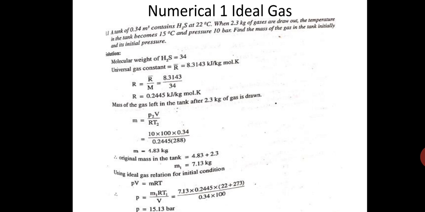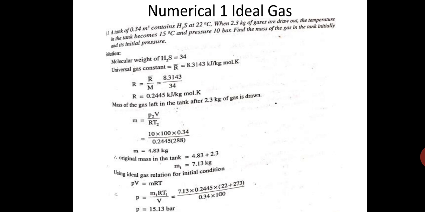Now the molecular weight of hydrogen sulfide: H is 1, so H2 means 2, sulfur is 32. You have to remember these, and I'll tell you how I remember them. Hydrogen H is 1, carbon C is 12, nitrogen N is 14, oxygen O is 16, sulfur S is 32.